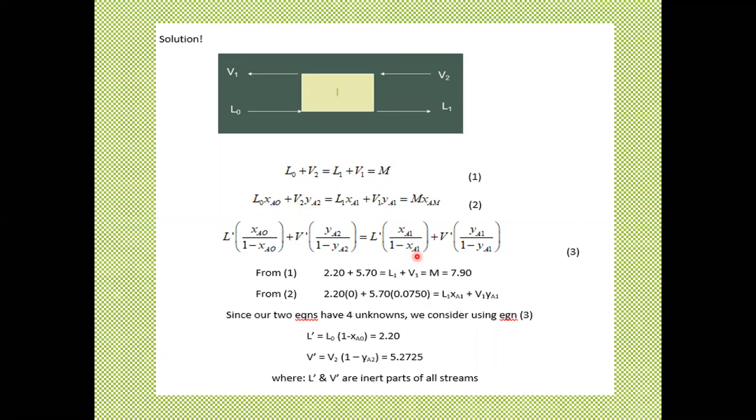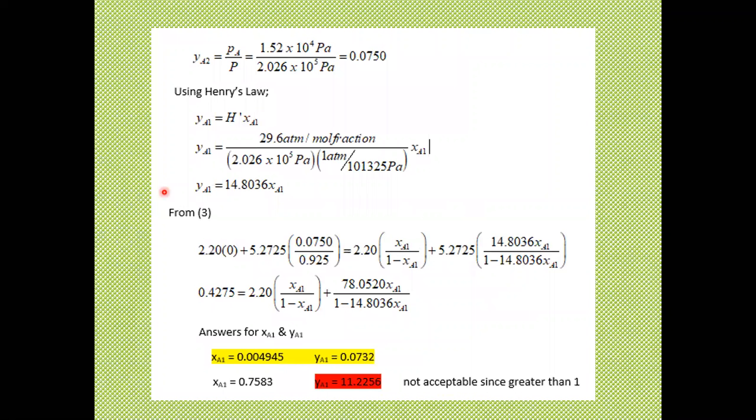If you look very closely, these two are concentrations of the equilibrated streams, the leaving streams from stage 1. If that is the case, we can use the equilibrium relationship that we can set up for these two streams. So let's go to the next slide to determine such relationship.